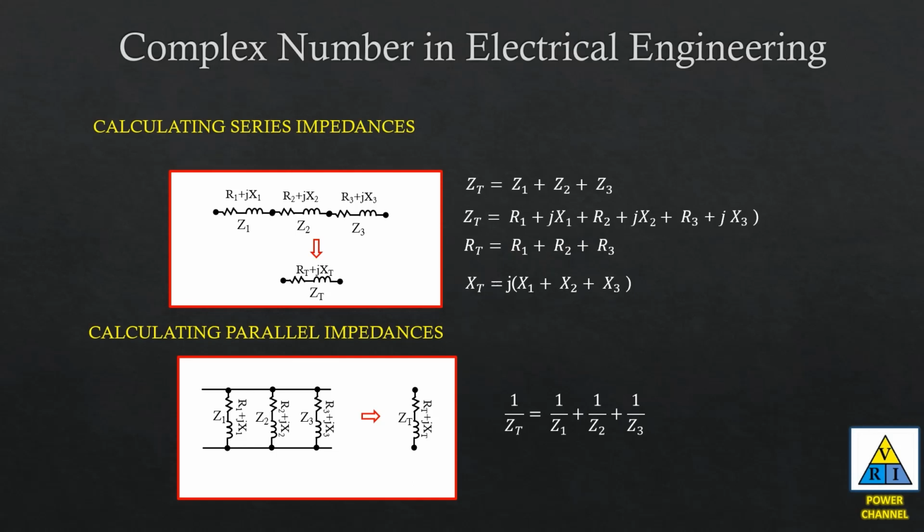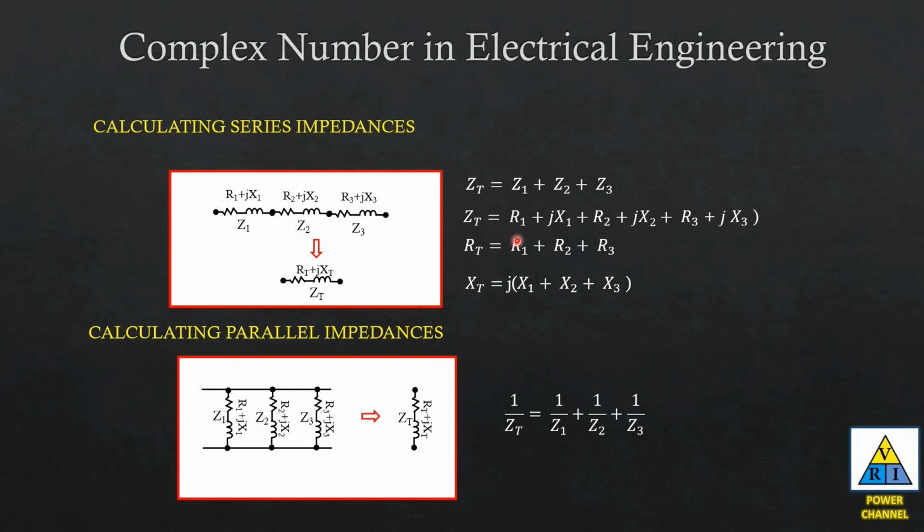Now, how do we solve equivalent impedances such as series impedances or parallel impedances? So I'm going to show you an example. We have series impedances here, Z1 in series with Z2 in series with Z3. To compute the total impedance ZT, we have Z1 plus Z2 plus Z3.